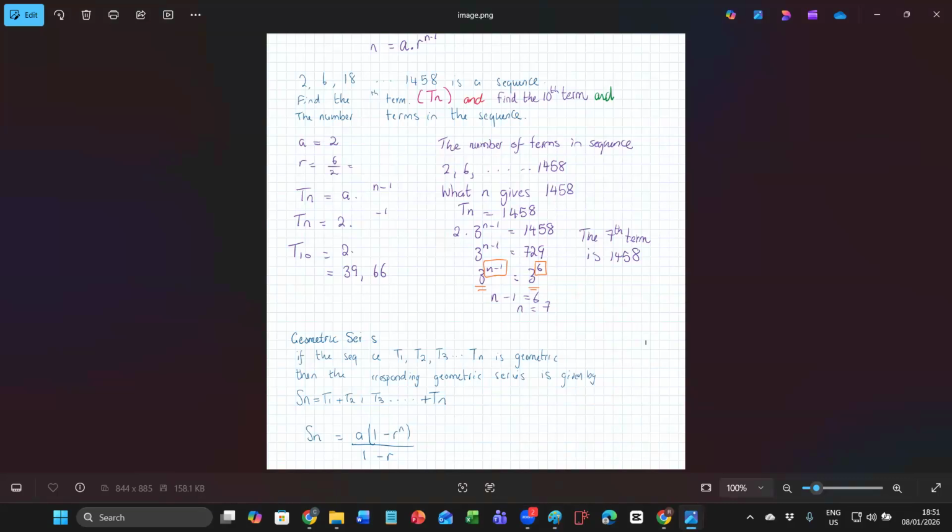The whole idea is that if you can find what the last term is, for example, a sequence that has 51 terms, the 51st term is the last term. That would tell us that there are 51 terms in that sequence, isn't it? Yes, sir.